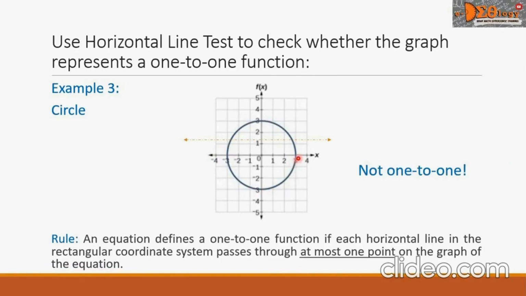Also, we can say that the circle is not a function itself by virtue of the vertical line test, that a vertical line touches the circle in 2 points. So we say that the circle is not a function itself. This is our final answer.